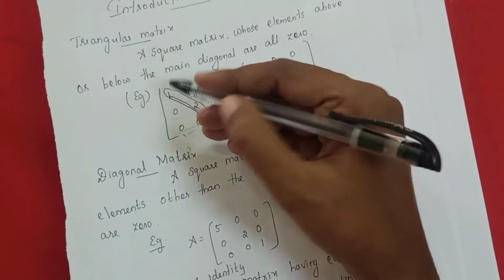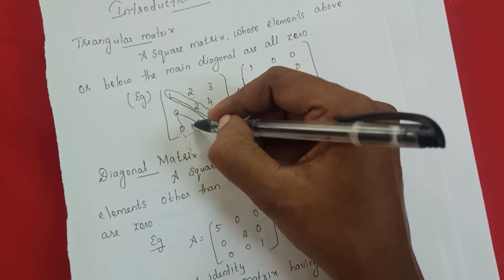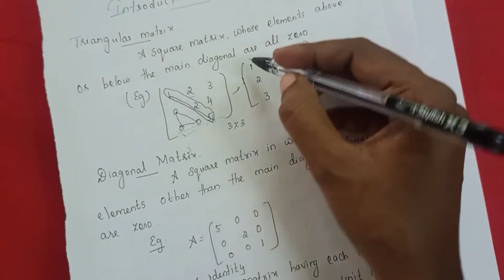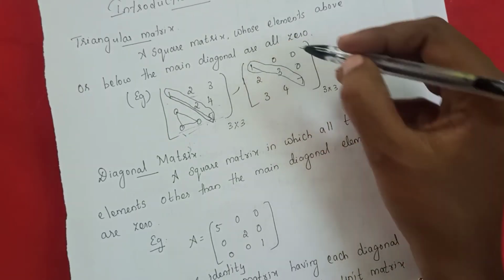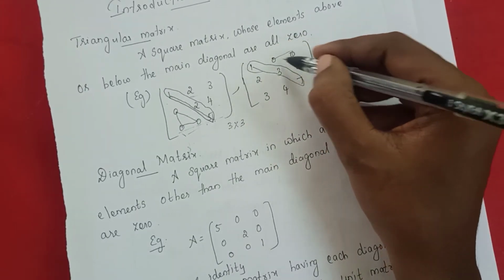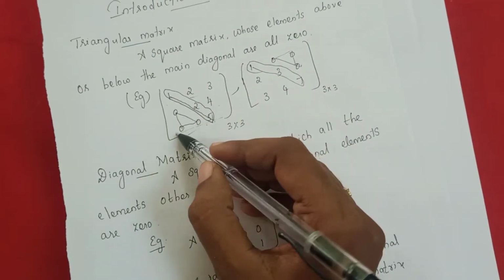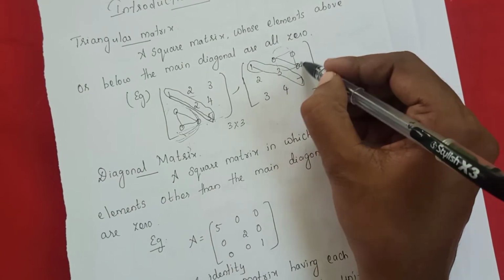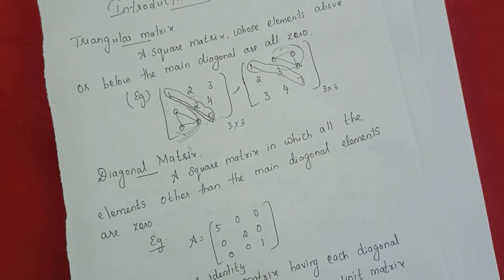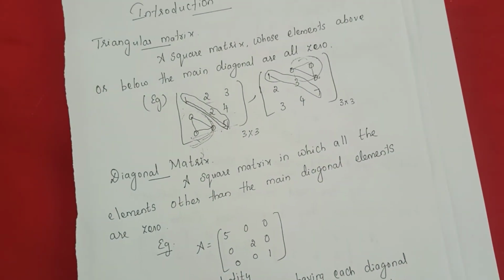If you draw and see like this, you will get one triangle. Correct? In this example, you see, this is a diagonal, upper elements you see are 0. So if we need to say this, we will say this is lower triangular matrix, this is upper triangular matrix. So now all of you understand what you mean by triangular matrix.